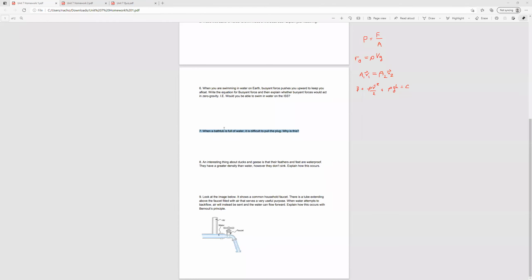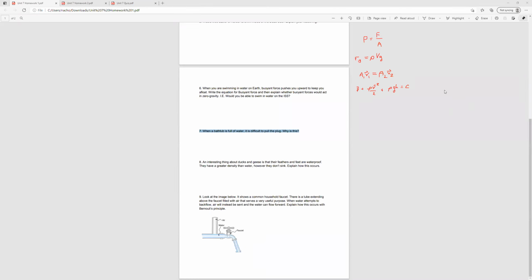Okay. Now, when a bathtub is full of water, it's difficult to pull the plug. Why is this? The explanation for this is a mix of Archimedes' principle, because at the bottom, the pressure is going to be the highest because there's a high amount of force, right? Buoyant force acting down on it because there's nowhere else to go. It can't just be pulled up. And A1 V1 equals A2 V2. That hole, when you pull it, it's going to want to have a high velocity, right? That high velocity is what contributes to low pressure, right?